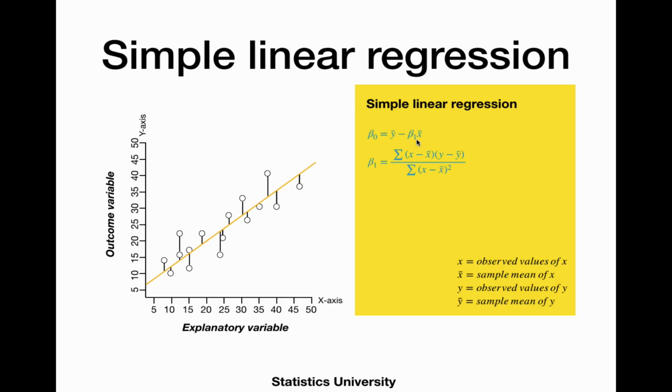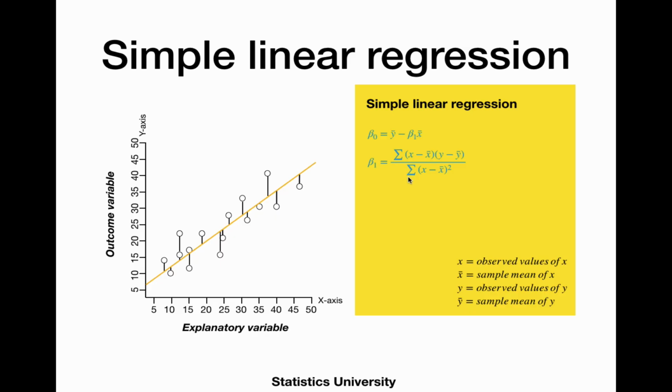So for beta 0, we would take the sample mean value of y and then subtract beta 1 times the sample mean value of x. And for beta 1, we would start with the product of the differences between the sample mean x values and the observed x values, and the sample mean y values and the observed y values, and then sum them all up for all the observations.